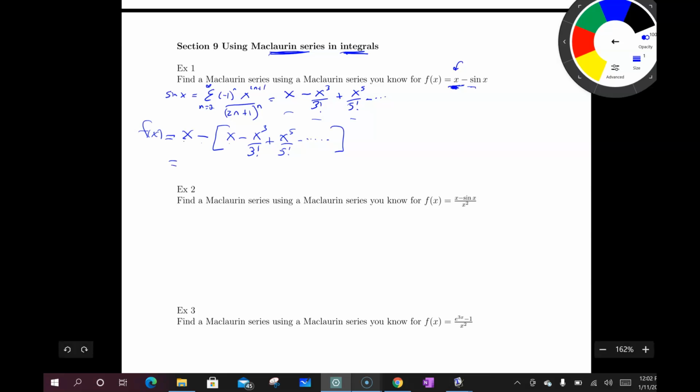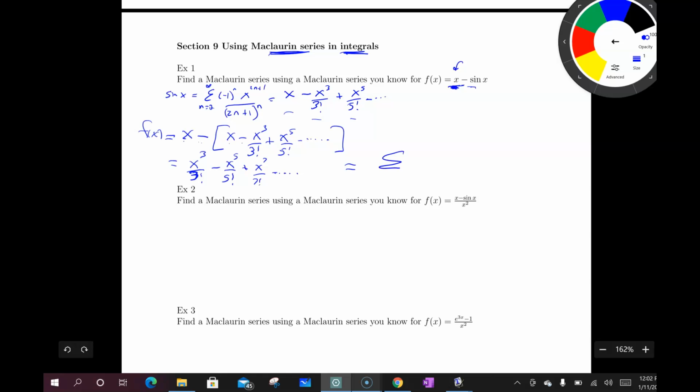So x subtract x, that's gone. If I take this negative sign and distribute it through, I would get a positive x cubed over 3 factorial. And then a negative x to the 5th over 5 factorial. And then a positive, okay. So dot, dot, dot, dot.